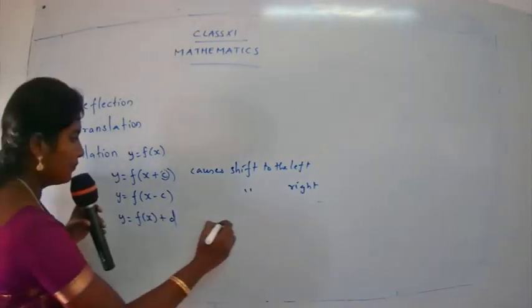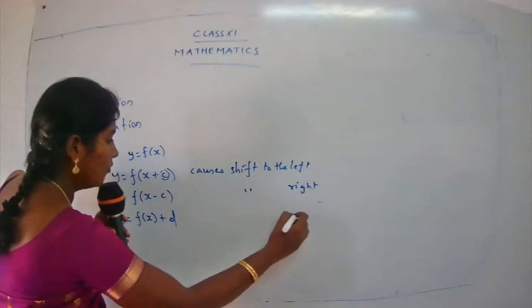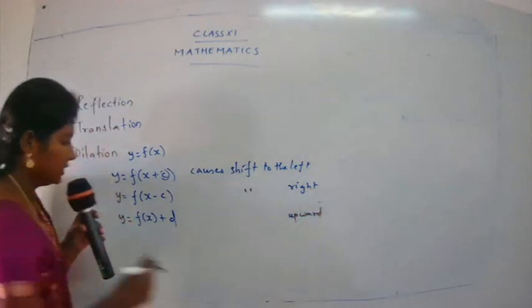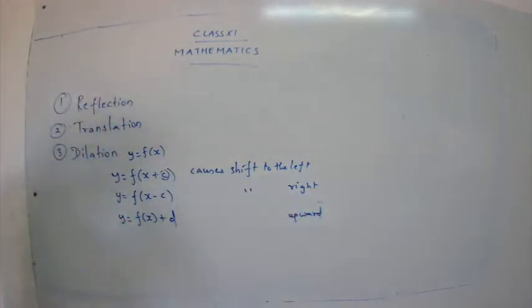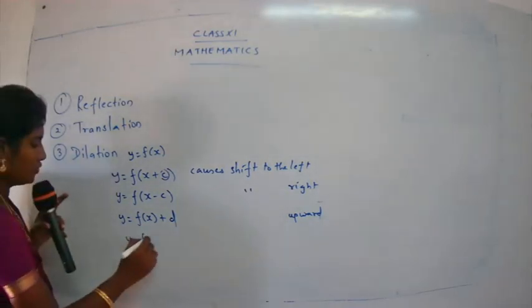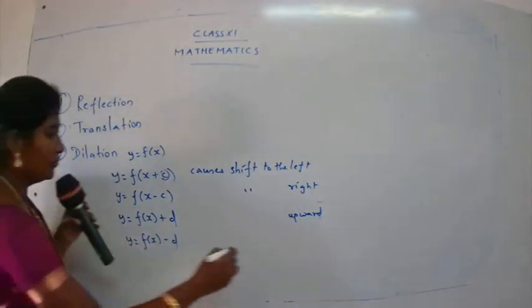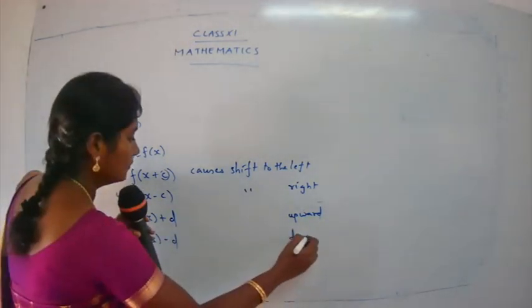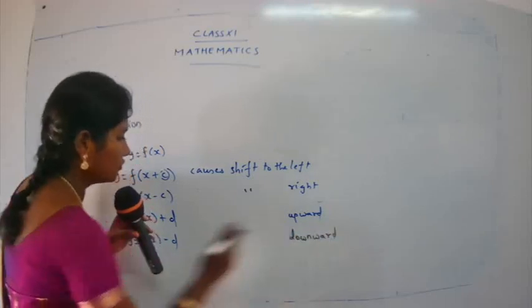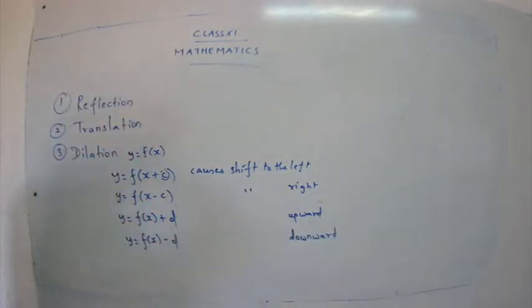In such a case, the shift is towards the upward. And when you have y is equal to f of x minus d, the shift will be towards the downward. Upward and downward. So just remember. When you have a function y is equal to f of x plus c, the shift is to the left.